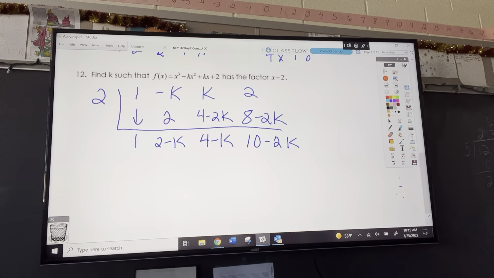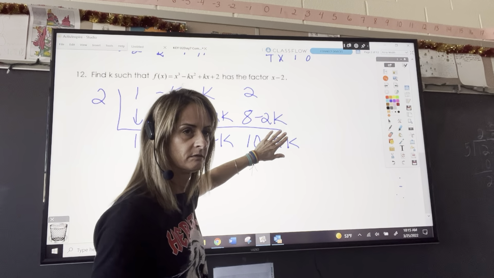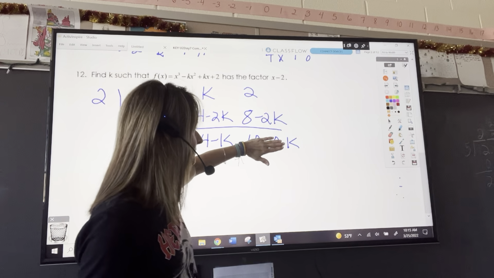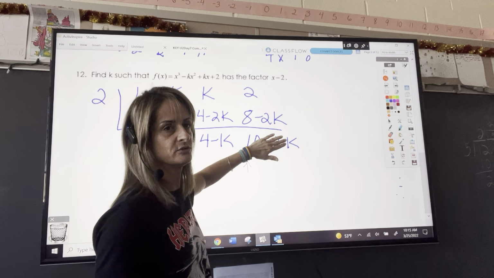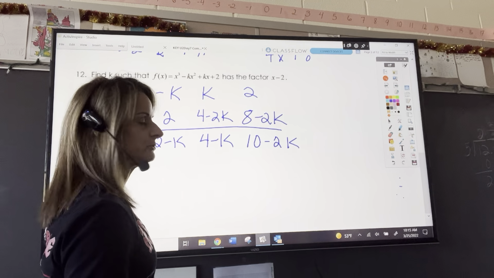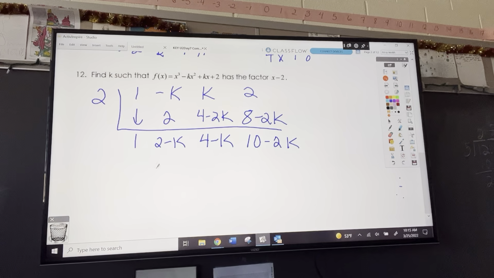Now we need the remainder. This is the remainder here. We need that to be 0. So we're going to set this remainder equal to 0 and solve for the value of k that would make this remainder 0, so that x minus 2 is a factor. And that's just basic algebra. 10 minus 2k equals 0.